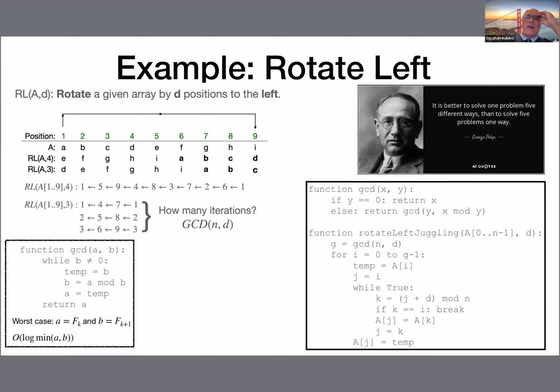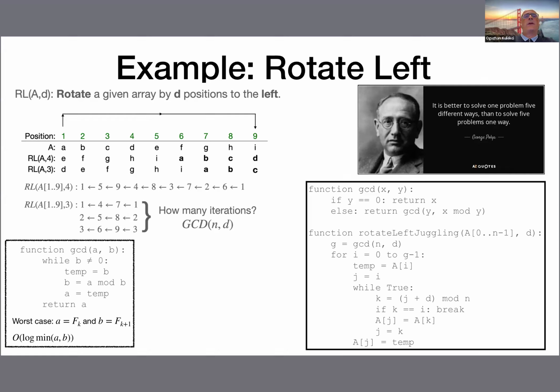What I have is this: once you give me the array and the parameter d, I can compute which element to move to which location, right? And once I can calculate this, why not do everything in one shot using just constant space?